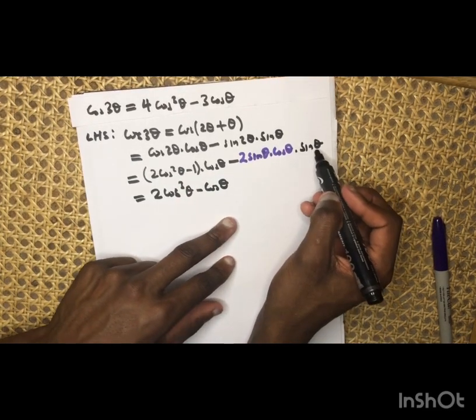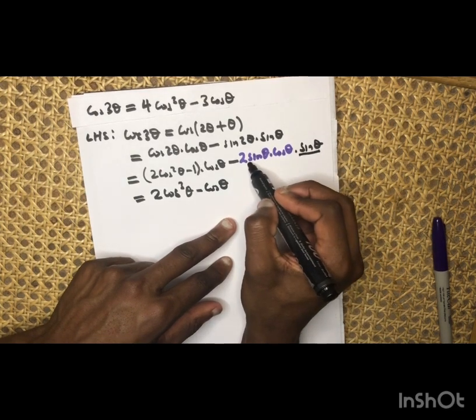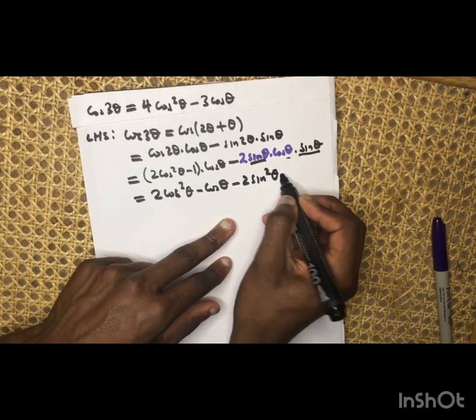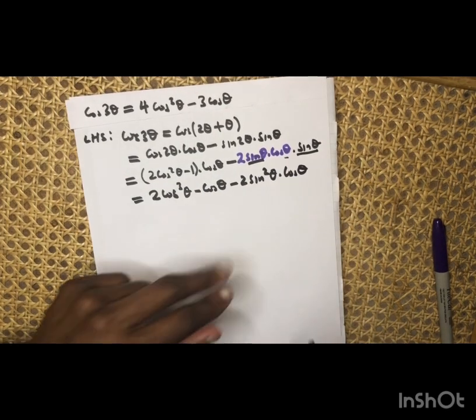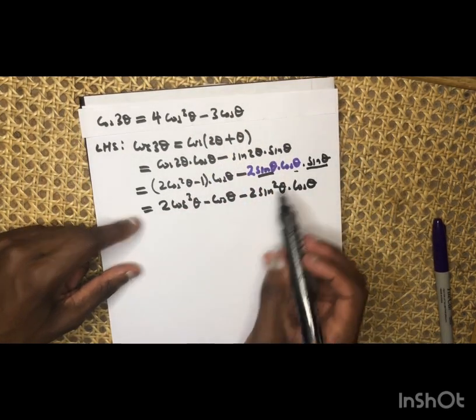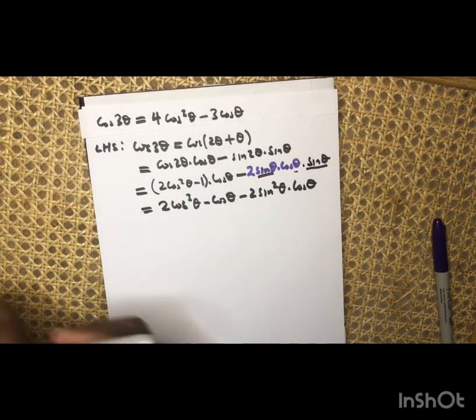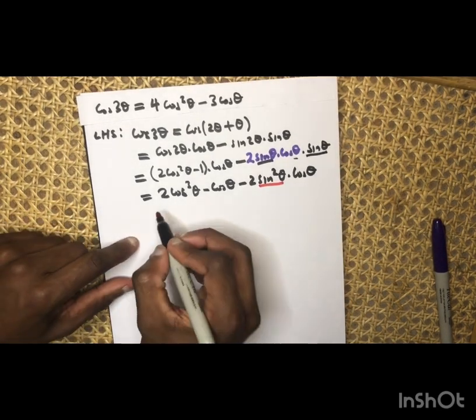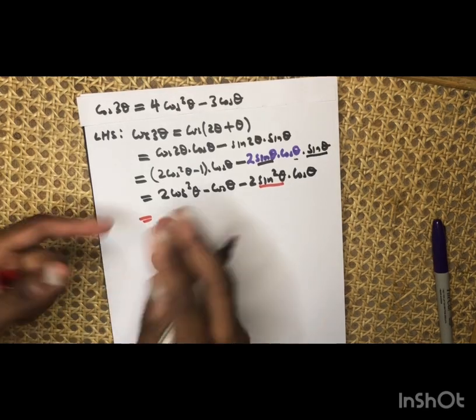So then I'm going to have here, because sine times 2 sine cos is going to be negative 2 sine squared theta times cos theta. Remember, here in this case, I want everything to be in terms of cos. So it's a must that I change sine squared theta. So I'm going to drop this one because they're in terms of cos.